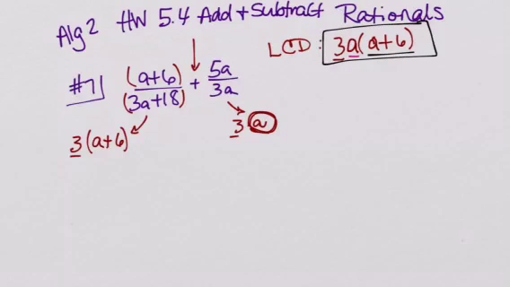Okay, so let's start giving people what they need. Look at this very first fraction. I have a + 6 on top, and remember, it is stuck together. That is over, and I'm going to write its factored form, 3 times (a + 6). What does he need that is missing?